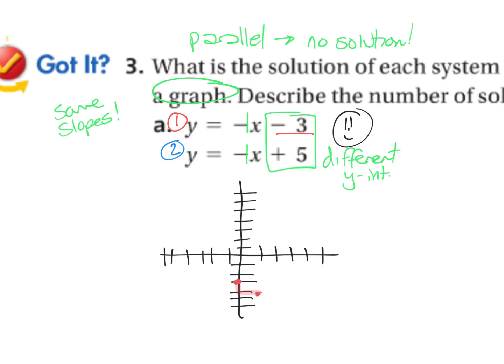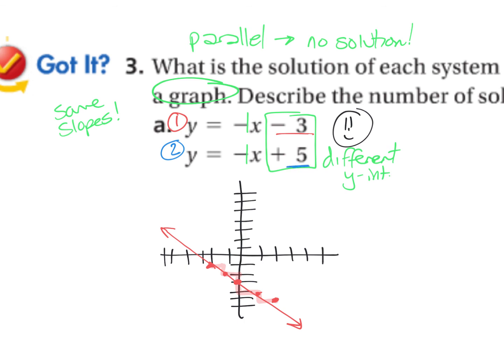We'll put a point there. We'll do it again, down 1, right 1. And of course, we can reverse that order. We can go up 1, left 1 to get a point on that side. And we'll do it one more time. We like graphing. All right, so let's connect those. Sorry, guys, I didn't connect it very well. And then we'll take a look at graph number 2.